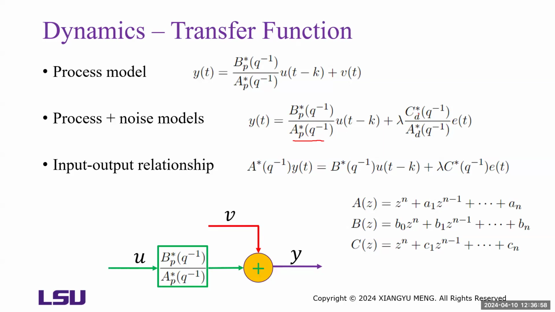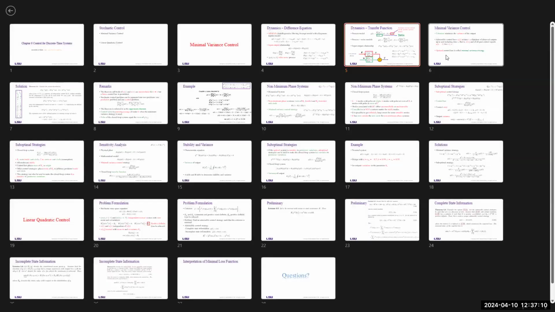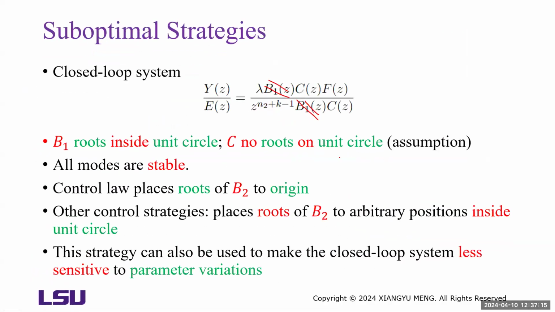Then for a stationary process, the CD can always be chosen to have all its roots inside or on the unit circle. So if we make the additional assumption that C has no roots on the unit circle, then C will be a stable polynomial. Then all the roots of C are within the circle. Then we can cancel C as well.